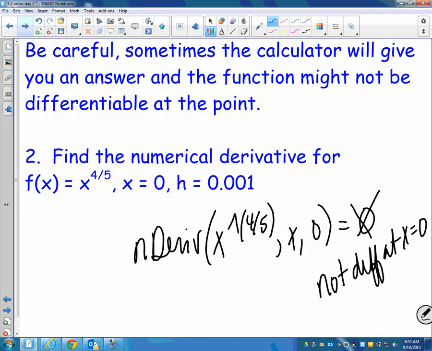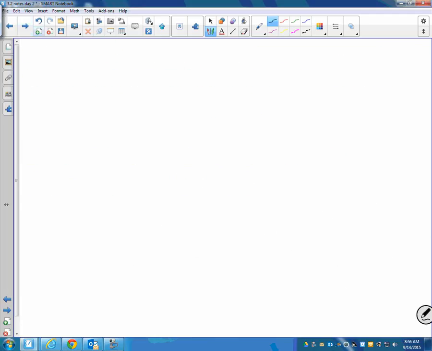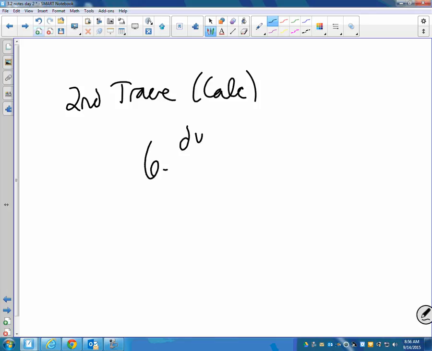I do want to tell you that there's one other place that you can do a derivative on the calculator. If you have it graphed, and you hit second trace, which is actually the calc button, that's where we go to do x-intercepts or zeros and max and mins. Number 6 is derivative, and it's kind of cool because if you have the function graphed and you want to see what the slope is at a value, which we'll show since we have this one graphed and it's incorrect.